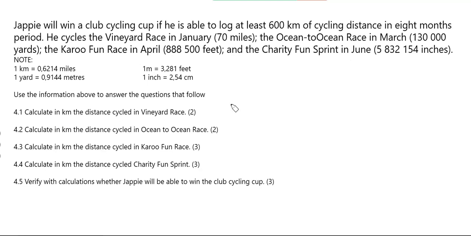With these conversions that you are given, everything should be converted to kilometers. You use what you are given. For example, let's look at the last one, which is the inches. You are given 1 inch in centimeters. So you must have inches converted to centimeters, then to meters, and then to kilometers, or you can go from inches to centimeters, then from centimeters straight to kilometers. It's up to you.